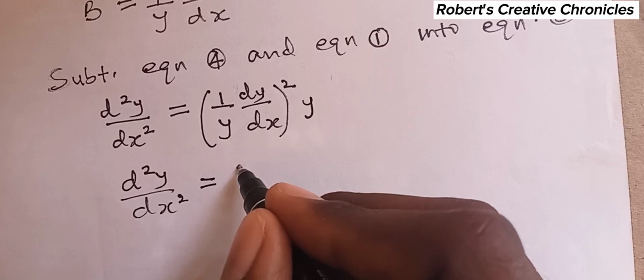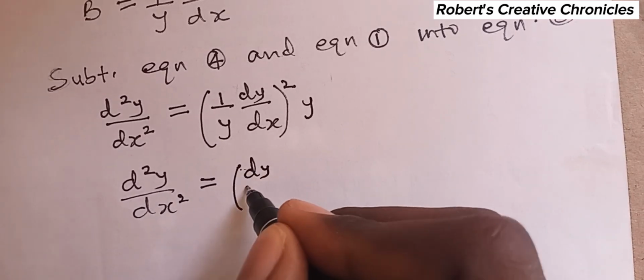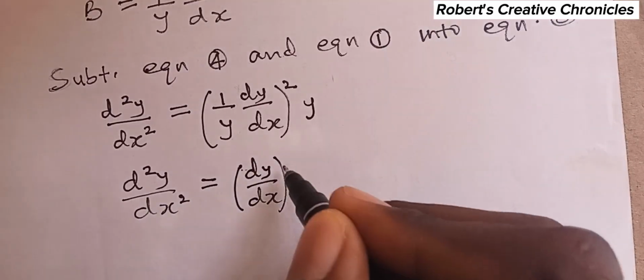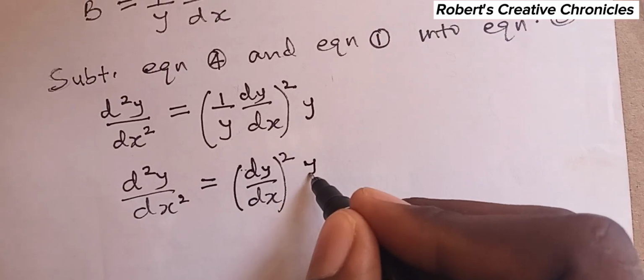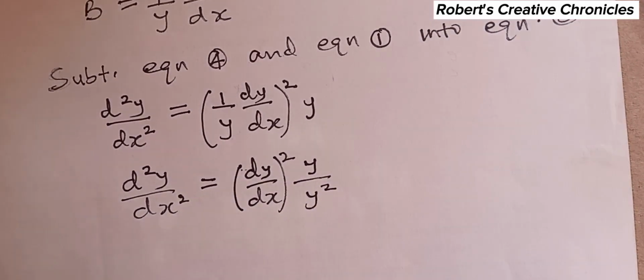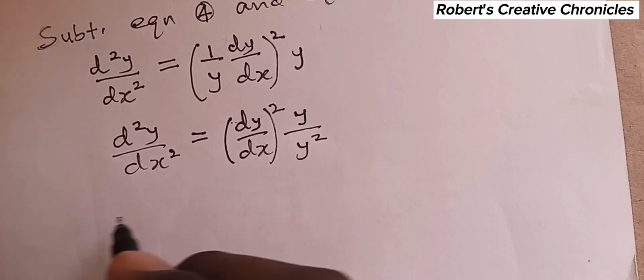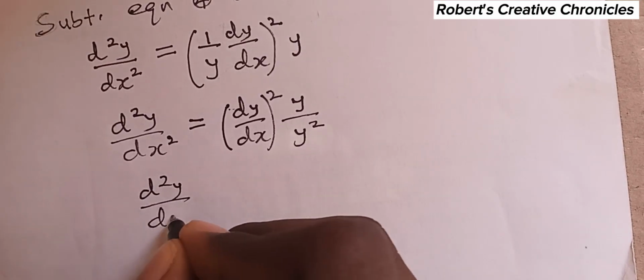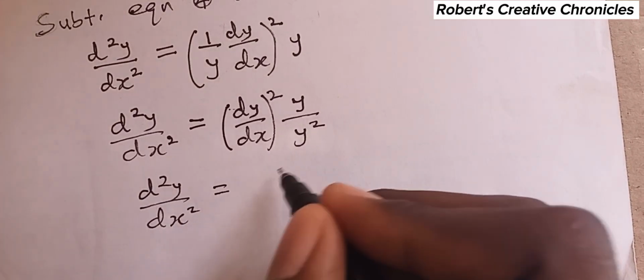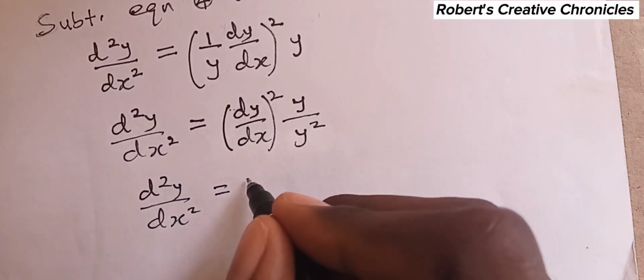We will say dy over dx squared, then y over y squared. d²y over dx² equals, this will become 1 over y.